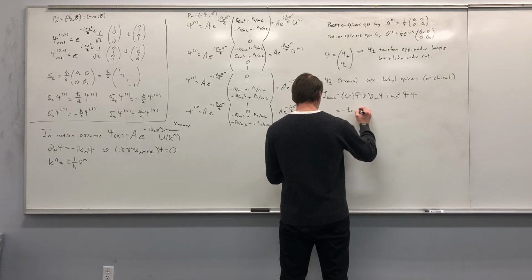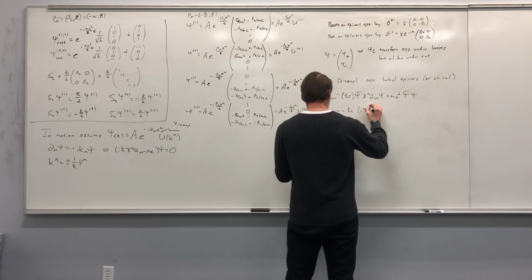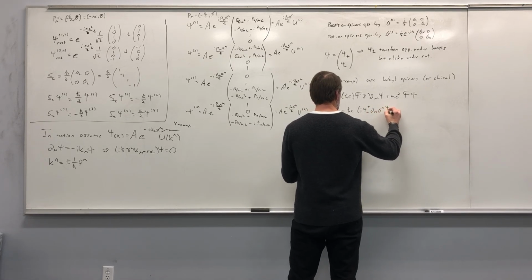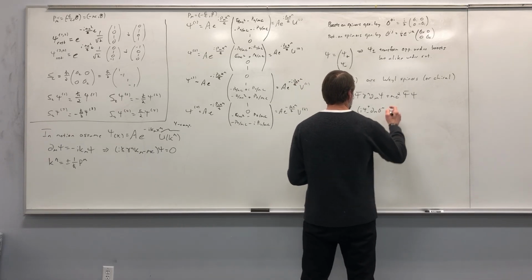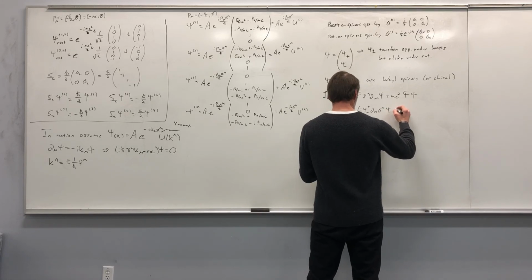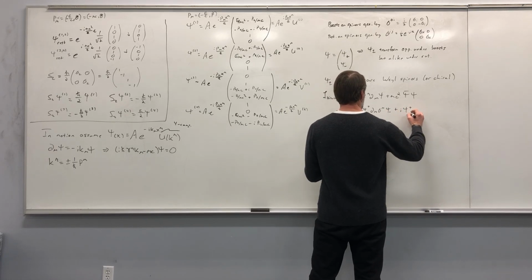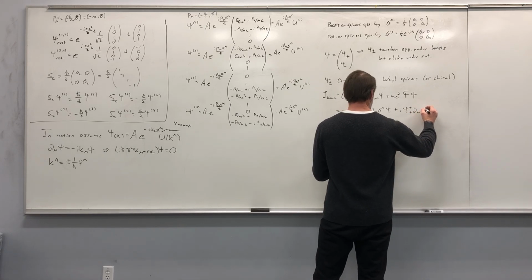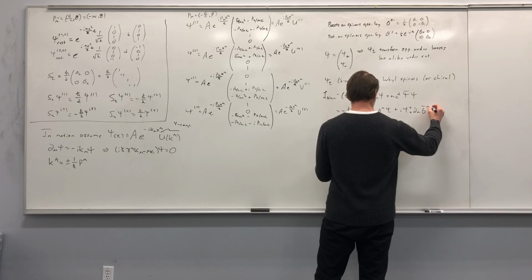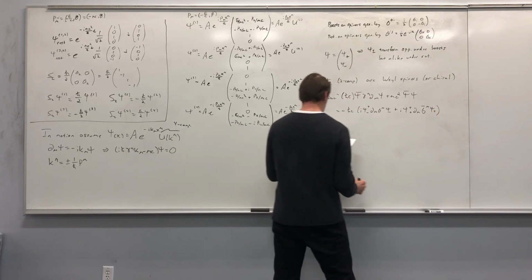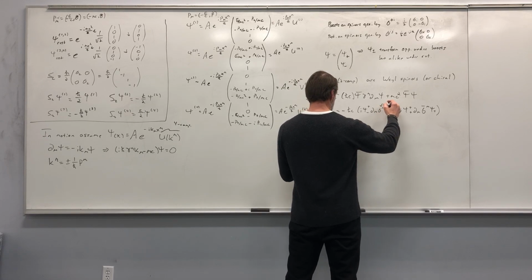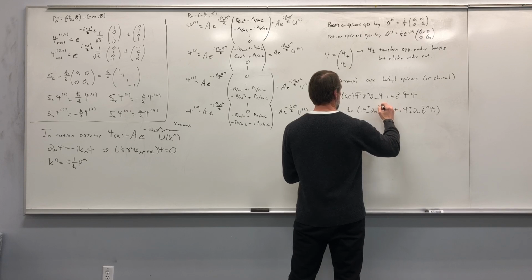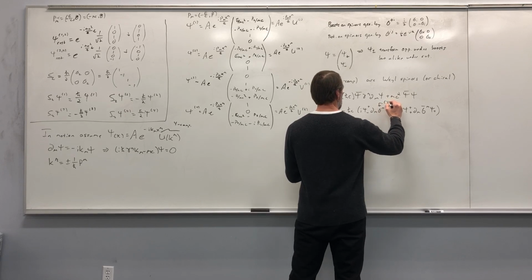Minus h bar c i psi dagger minus d mu sigma mu psi minus. Plus i psi dagger plus d mu sigma bar mu psi plus, okay, where sigma mu is defined as I and sigma i.